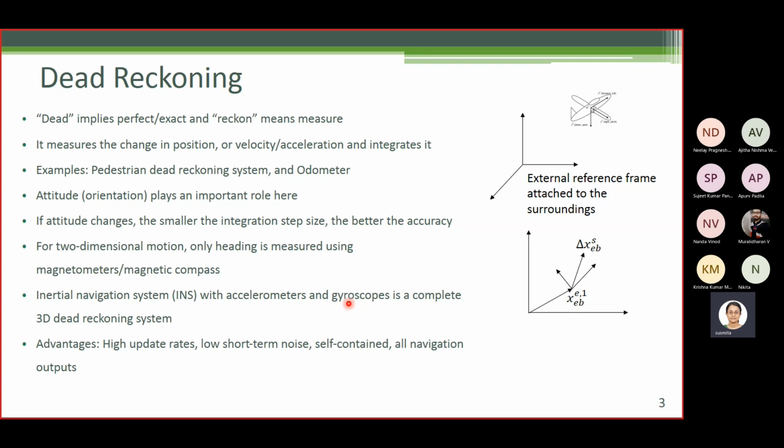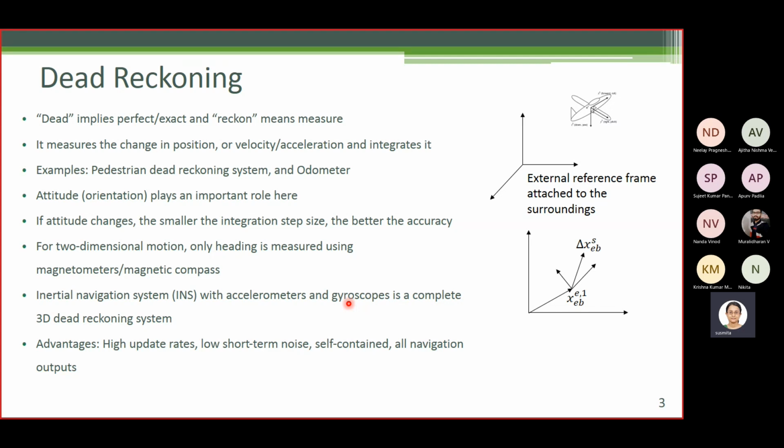What are the advantages of a dead reckoning system? It has high update rates, you get measurements at a very high rate. In case of INS, the measurement update rate is somewhere between 100 to 1000 hertz.